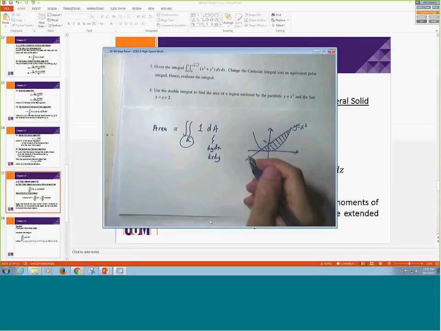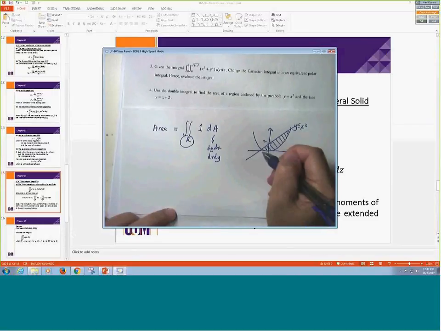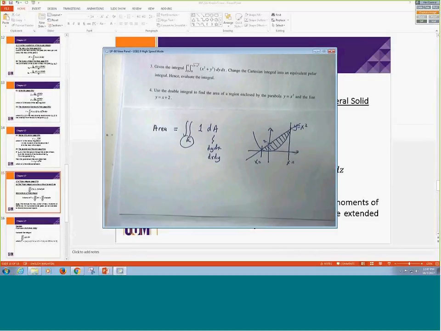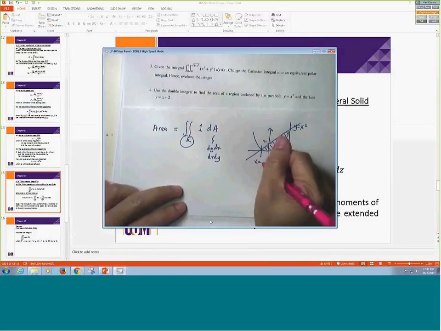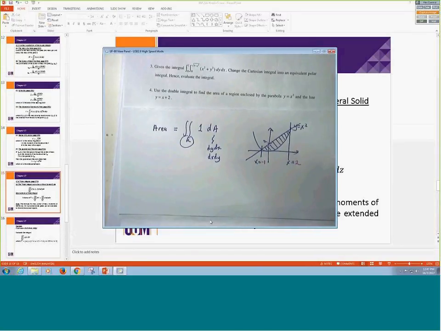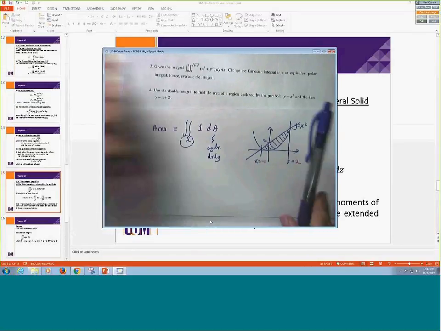So you need to determine what is the value here and the value here. If you do it carefully, you will get x equals negative 1 and x equals 2. If I choose type 1, x goes from negative 1 to 2.